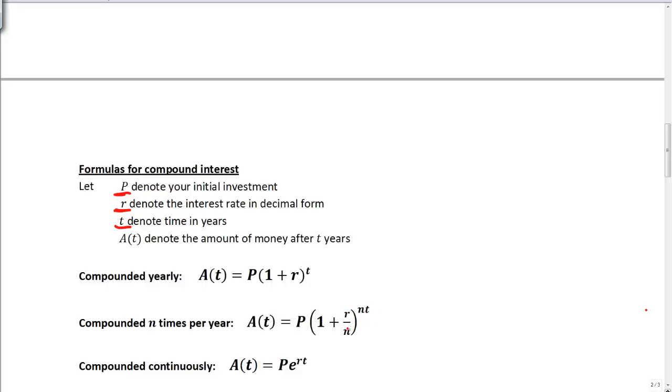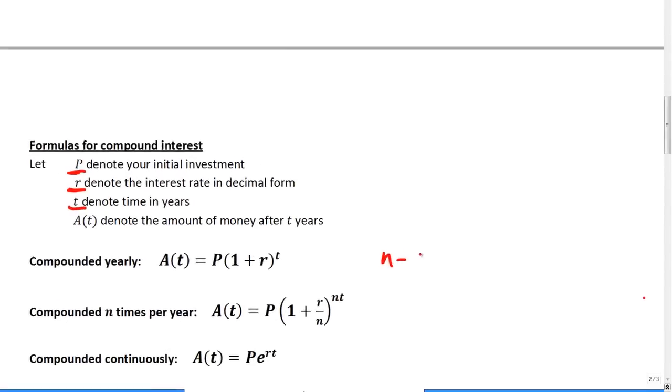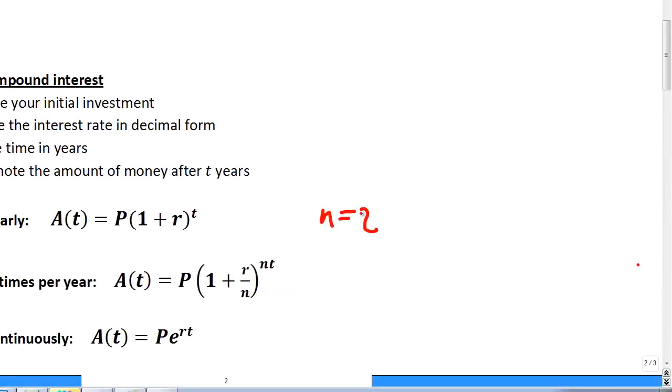So, for example, if it's compounded semi-annually, n would equal 2. That's for semi-annually. If it's compounded quarterly, what would n be?